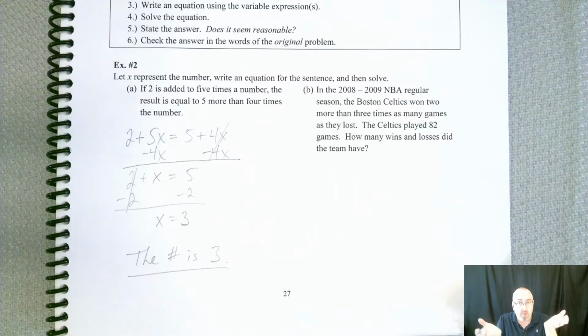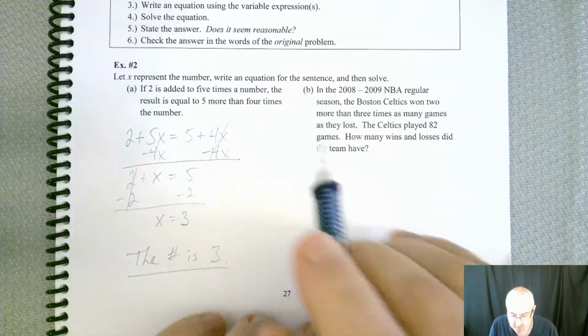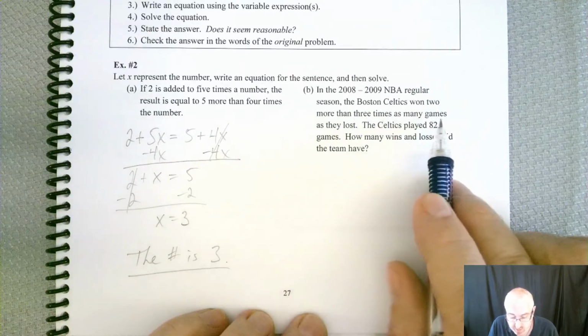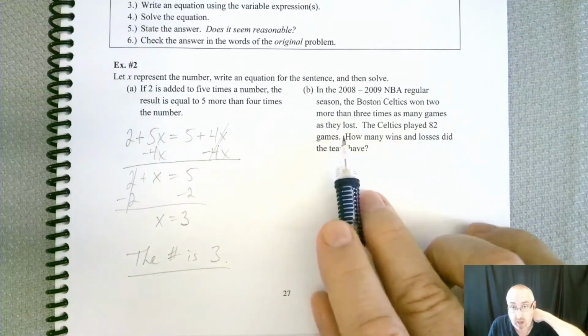So which one of those 2 pieces or 2 things do you have to know first to figure out the other one? If you know the wins, can you figure out the losses? Or do you need to know the losses first to figure out the wins? So you got to kind of decide which one's my starting point. And the way this is written, it says that they won 2 more games and 3 times as many games as they lost.